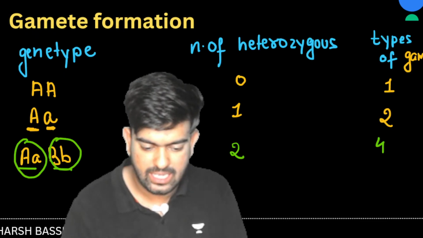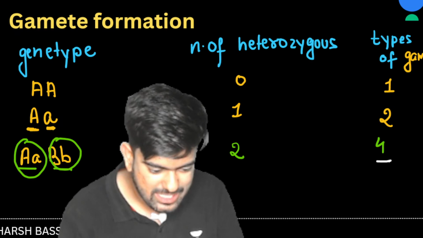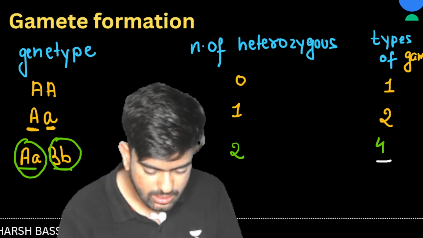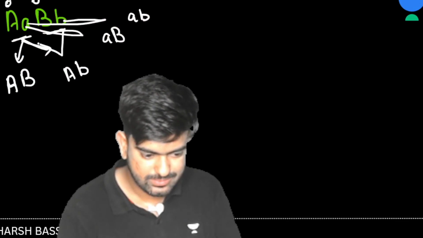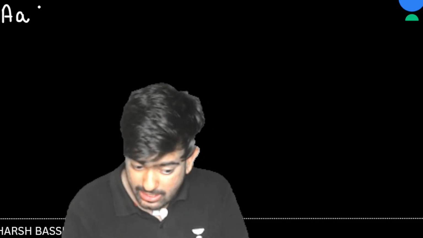So let's write it in the sheets. Okay, clear? Now let's move on and make this a little more difficult, or maybe a little tricky, right? Next we have capital A, small a, capital B, small b, capital C, small c.